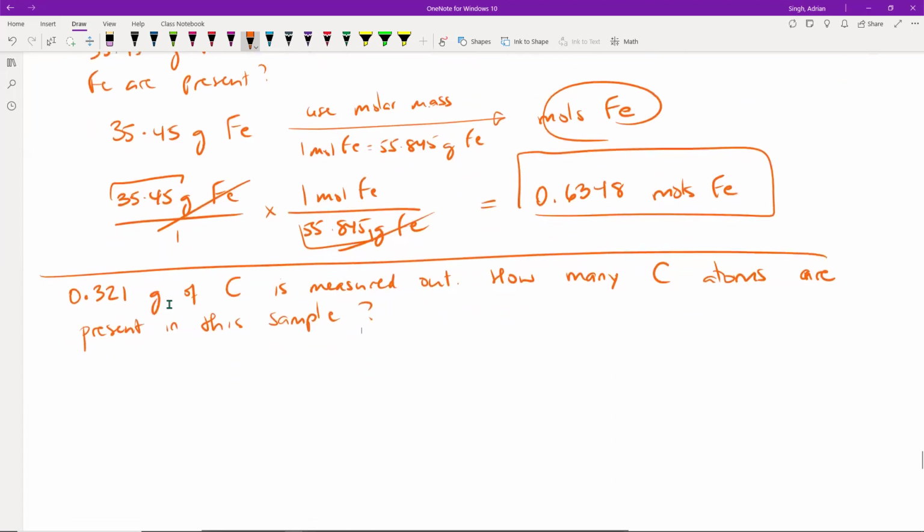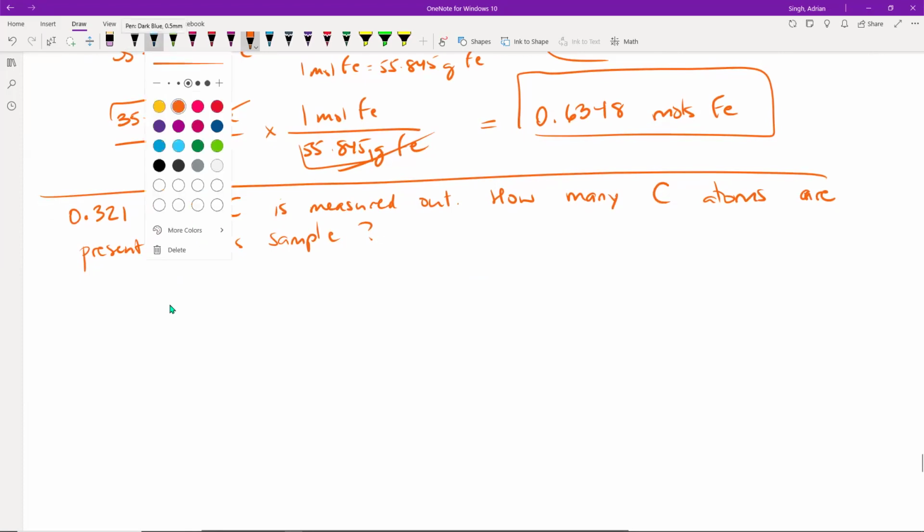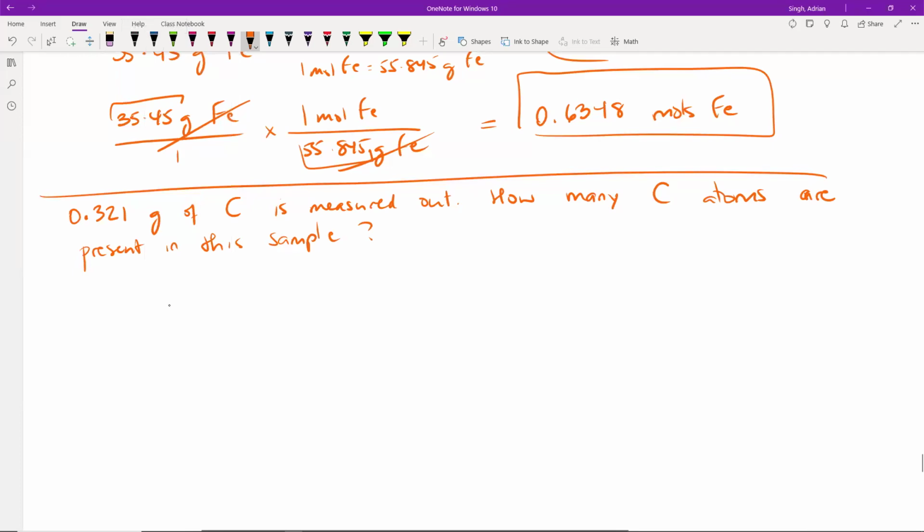Okay, so now we're given the mass, so we have 0.321 grams of C. We want to convert this eventually to number of carbon atoms. So can we do that in one step? Was there a relationship that we talked about that related grams to number of things?